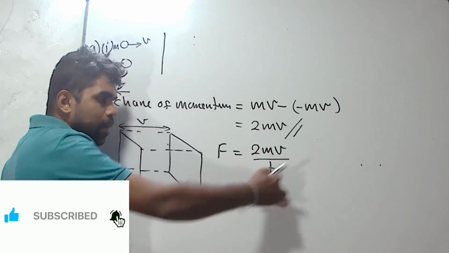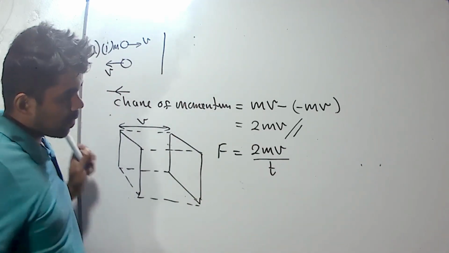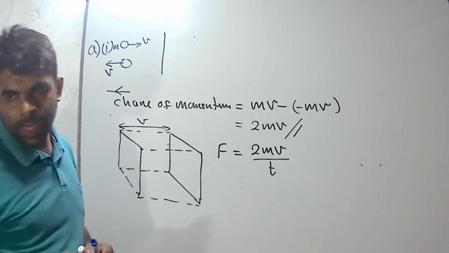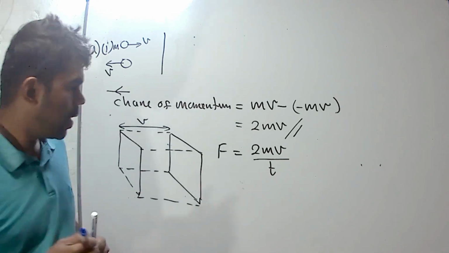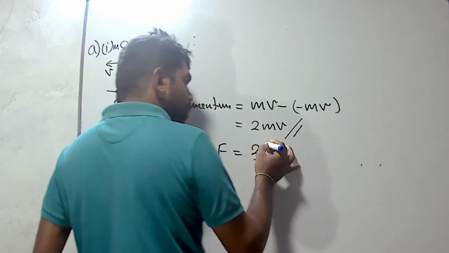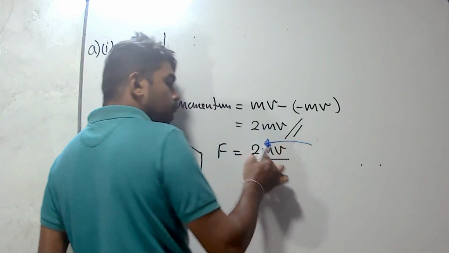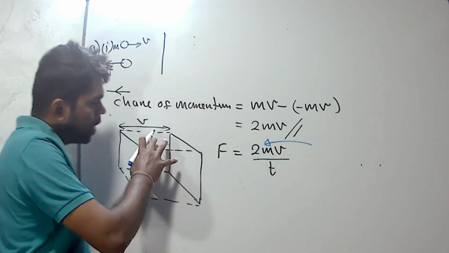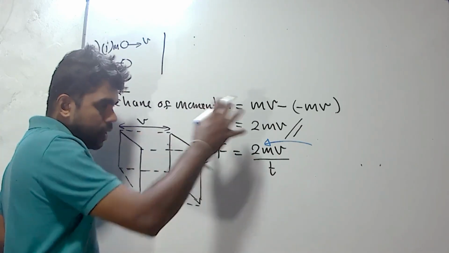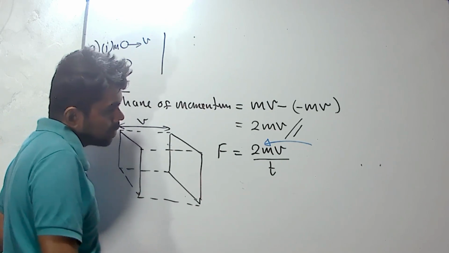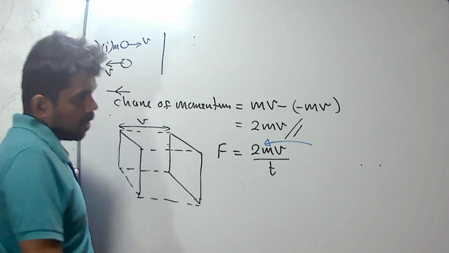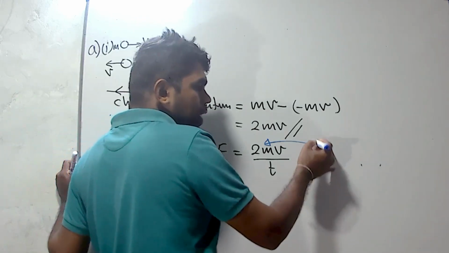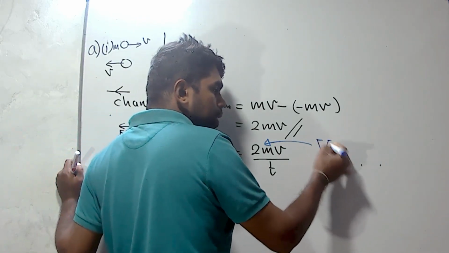But now we have considered the change of momentum only for one air molecule. Therefore, we have to use the total air mass in this cuboid to find the total force, the net force. Then we can substitute mass equals volume times density.